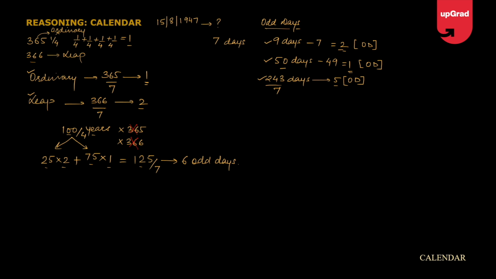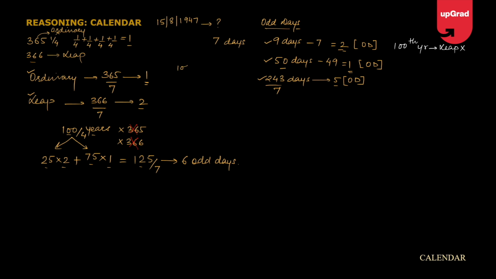Now there's a twist in the story. What is that twist? I am saying that the 100th year, I repeat, the 100th year is not a leap year. I'm using a different color for it so that I can explain it to you later on. Now you would be surprised, because how do we determine whether a year is a leap year or not?